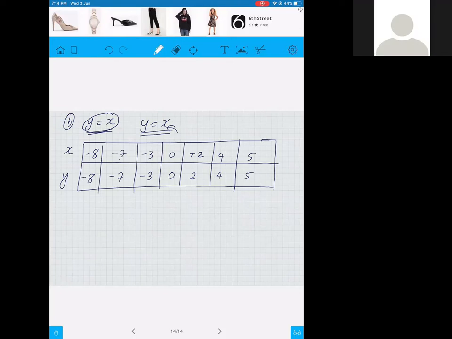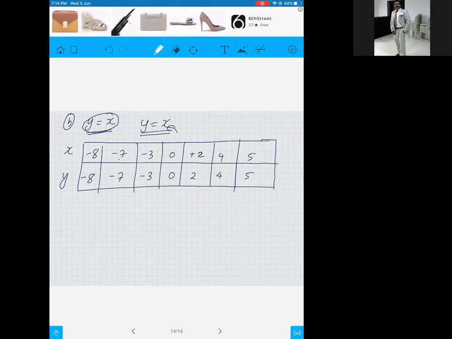Sir, we can make it like skipping numbers, right? Like 2, 4, 6, 8. Yeah, that's up to you.